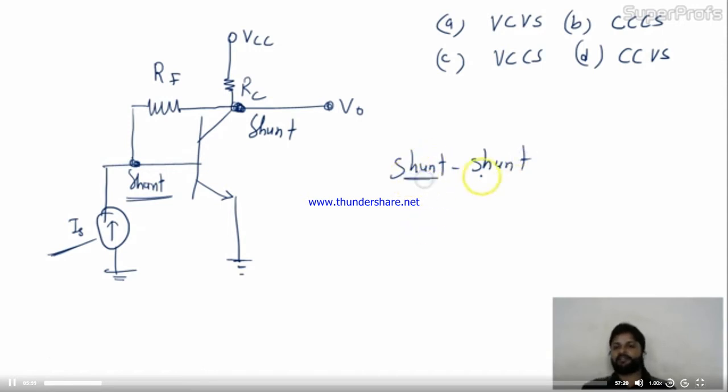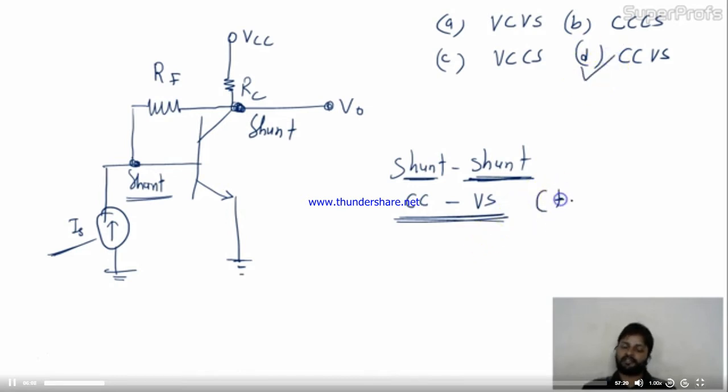This is input, this is output. Who is shunt at input? Definitely current. So this is current control. Who is shunt at output? Voltage. So this is voltage source. So the topology is current control voltage source. So this is a trans-resistance amplifier. Am I right? This is a trans-resistance amplifier.